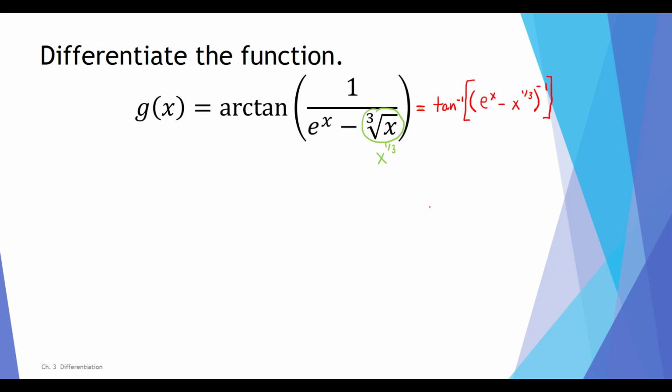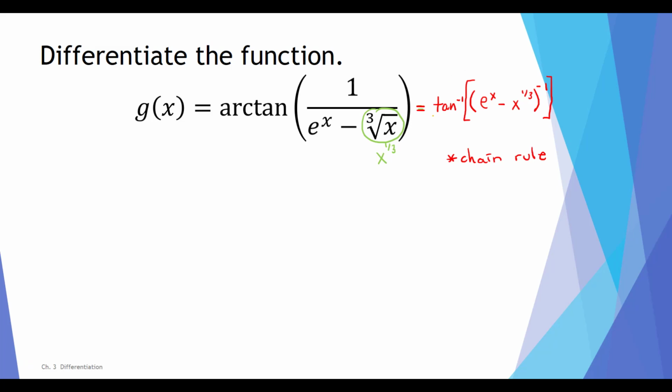Now I observe that I have functions nested inside of one another. That means I need to use the chain rule. The chain rule says that you take the derivative of a composition of functions by taking the derivative of the outermost function with respect to the inside and multiplying by the derivative of the inside.